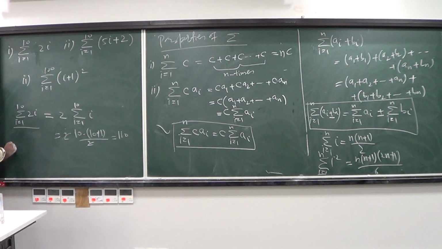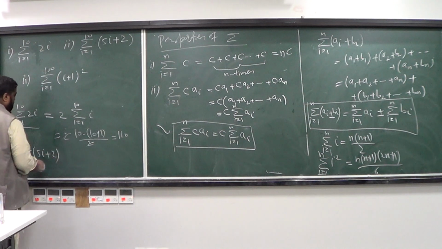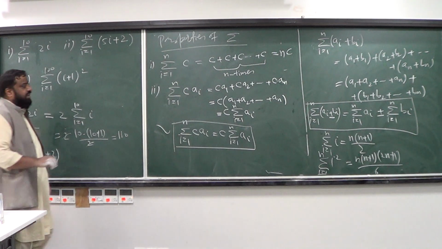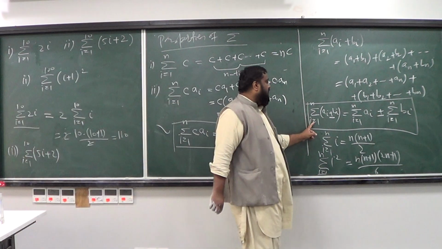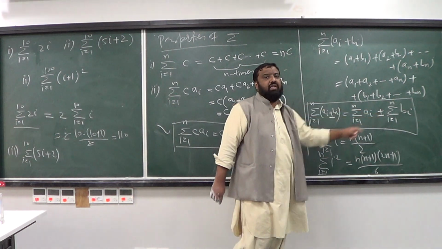What would be, for example, the second sum, from i equal to 1 to 10 of 5i plus 2? First I will apply the property that if I have a sum of sums, then I can apply the sums separately.